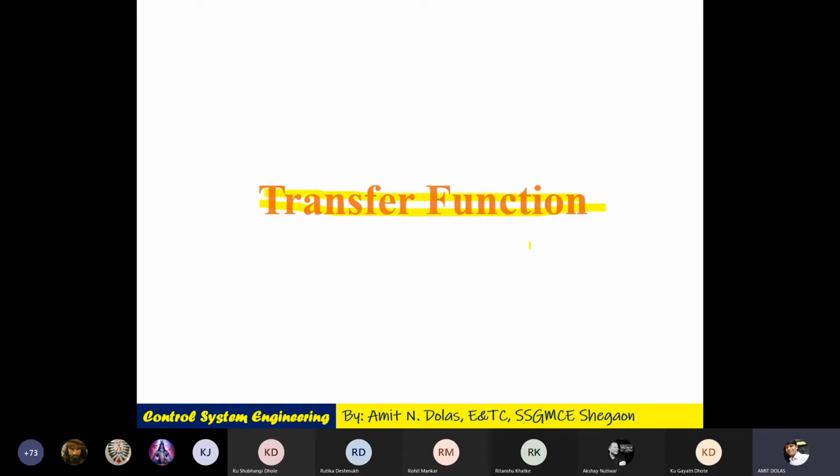In today's lecture, we will see something about the transfer function, but later, in the next successive lectures, we will be solving several problems on the transfer function, and that will be available in the university examination also. So moving ahead, we'll go through what the transfer function is.